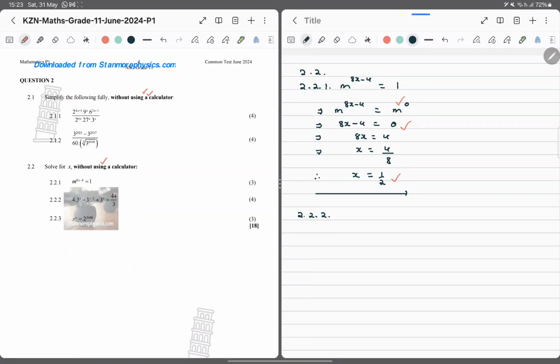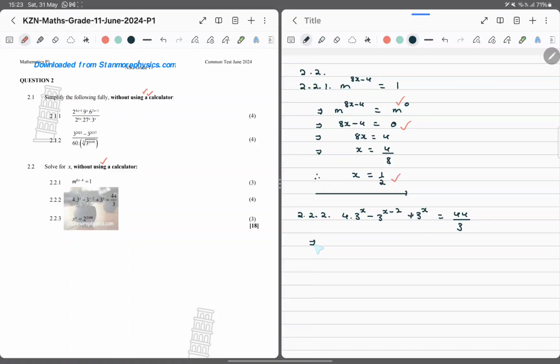So this is 2.2.2. We have 4 times 3 to the exponent x minus 3 to the exponent x plus 2, sorry, minus 2, plus 3 to the exponent x equals 44 over 3.